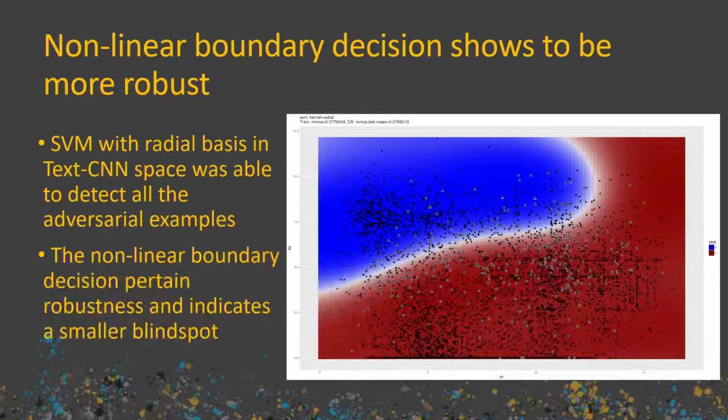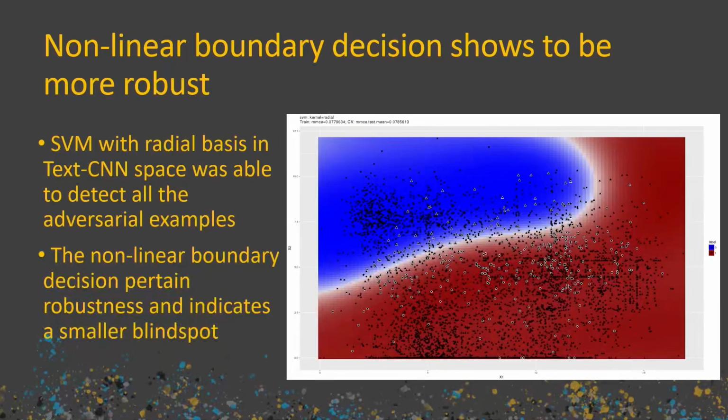On the other hand, we consider what about other types of boundaries. If you remember, among the 7 classifiers, the support vector machine with the nonlinear boundary was able to detect 100% of the adversarial samples.